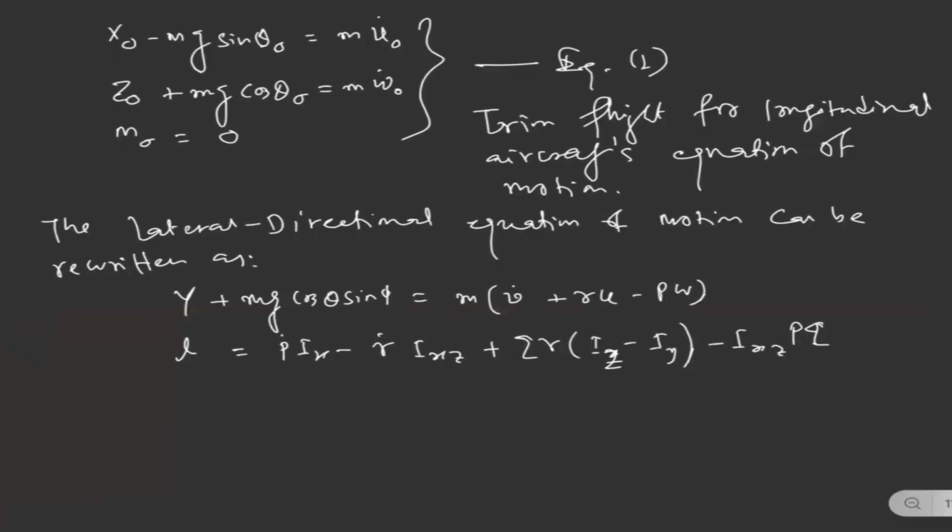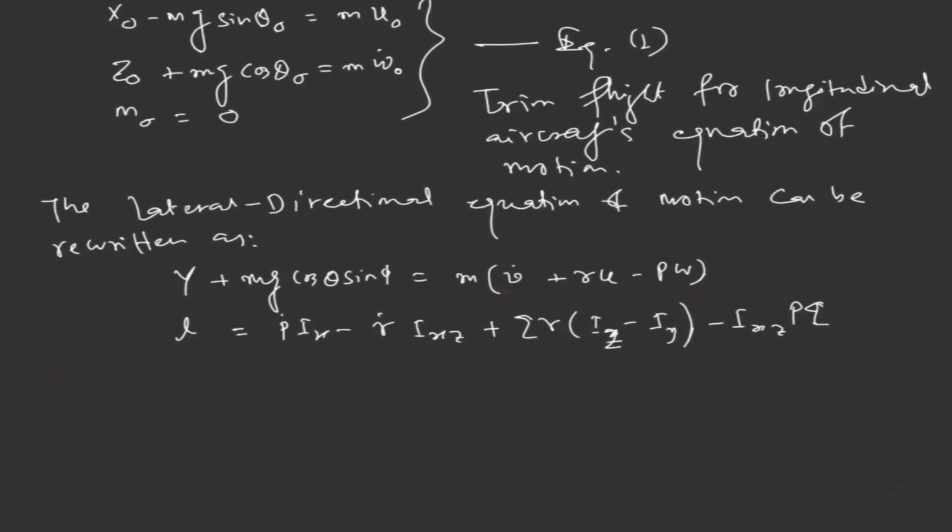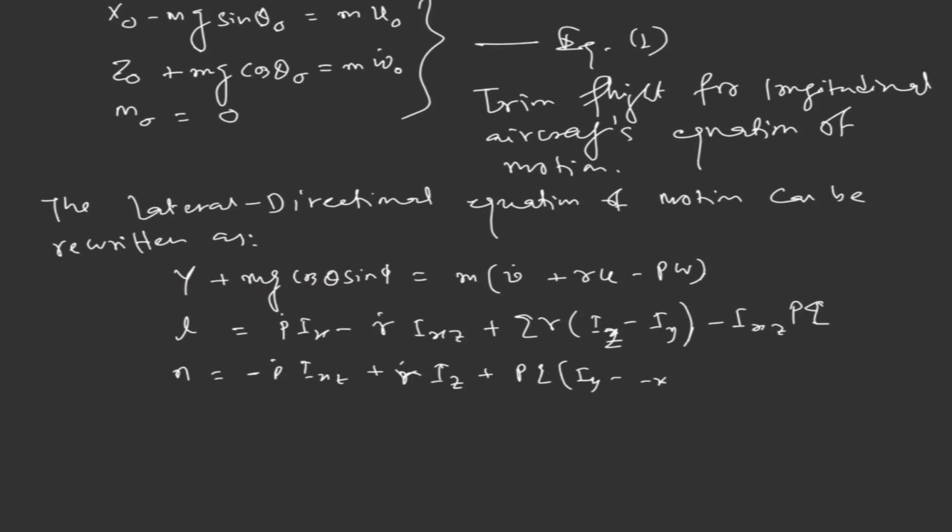And the moment along the z-axis: N equal to minus p dot Ixz plus r dot Iz plus pq (Iy minus Ix) plus Ixz qr.